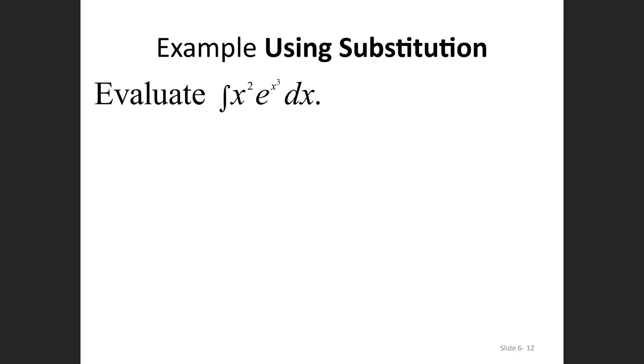Not e, it's just going to be x to the third. Because when you take the derivative of x to the third, you're going to end up getting an x squared, which is going to cross off that x squared. So in this problem, I'll get you started here. Let u equal x to the third. All right, and then I'm going to let you work and see what you get there.